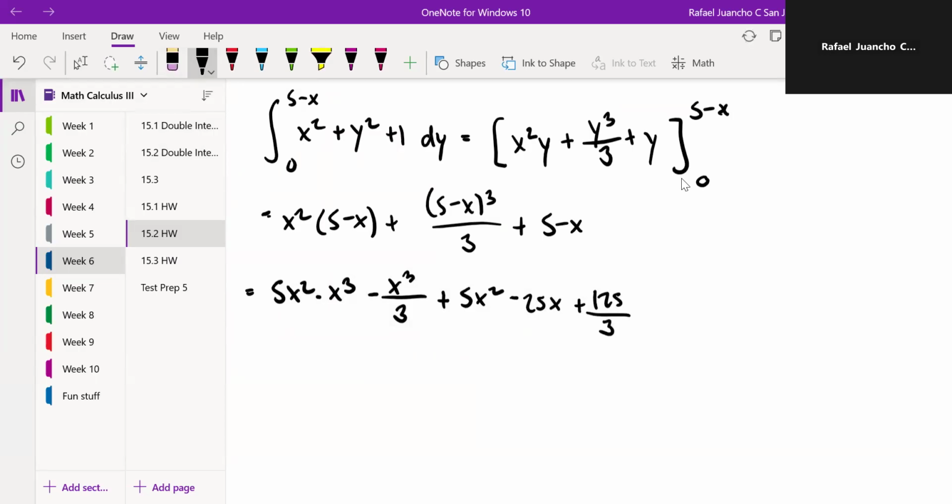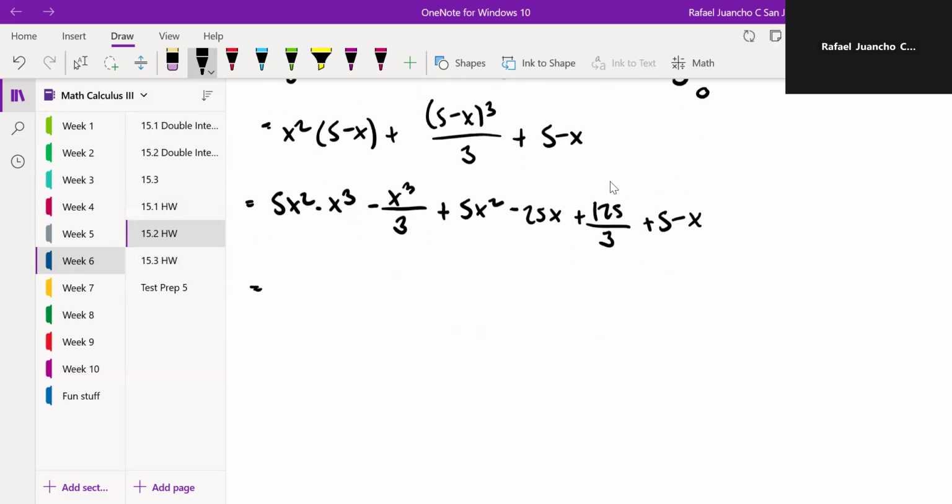Okay. And then from there, let me just simplify all of that. So here I would get my x cubed terms on both sides. That's negative 1 minus 1 over 3. That's negative 3 over 3, that's negative 4/3, right?